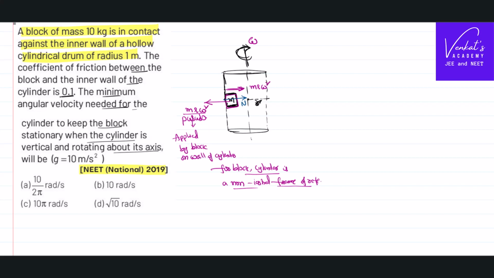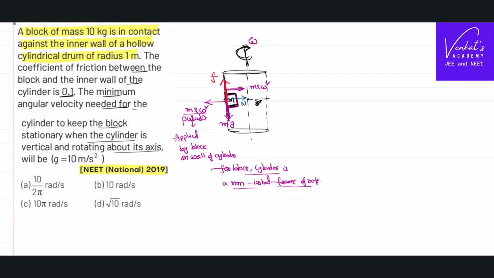Let us consider the other forces acting on the system. The weight of the block obviously always acts in the downward direction, and as it is trying to slip down, the frictional force tries to oppose that slipping. Thus the frictional force is acting upward, perpendicular to normal reaction.